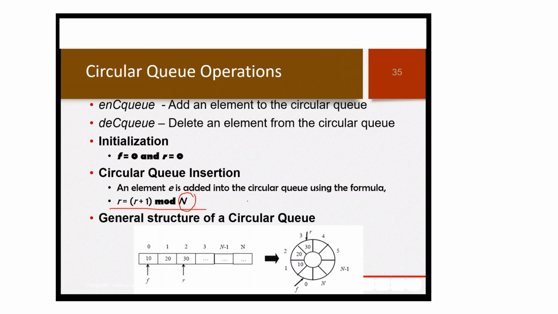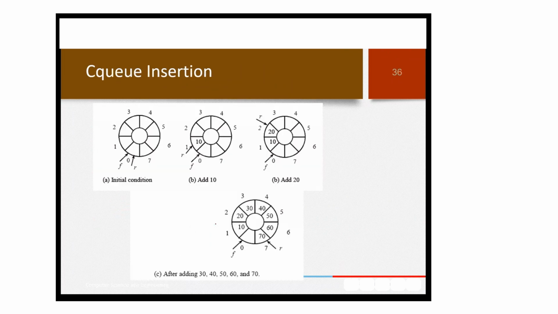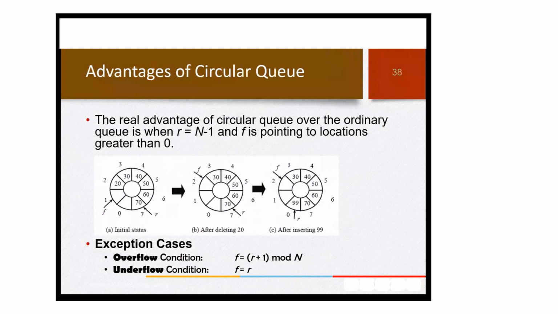So whenever you want to insert, don't simply insert based upon R value, but compute the R value with this: R equal to R plus 1 mod n. And whatever the address you get pointed by this R, you can insert. Right. And similarly for pop, again use the same, F equal to F plus 1 mod n.